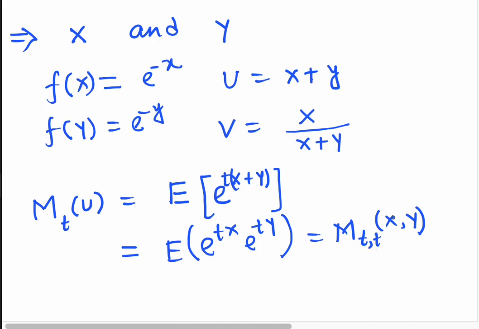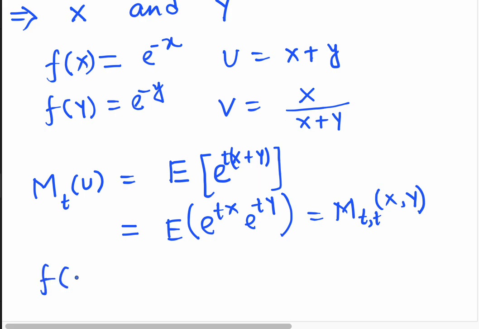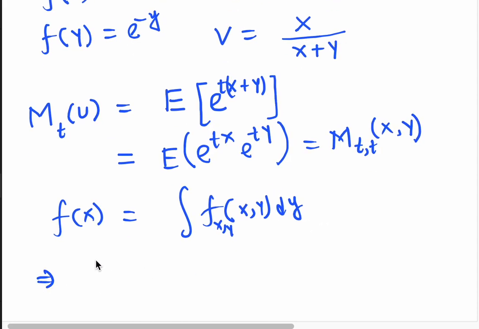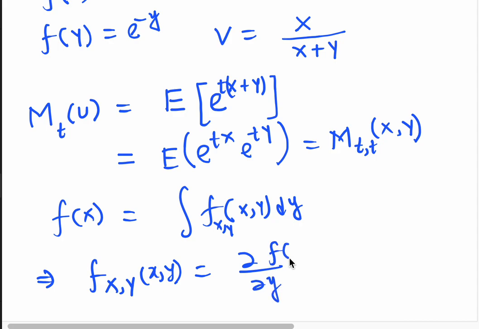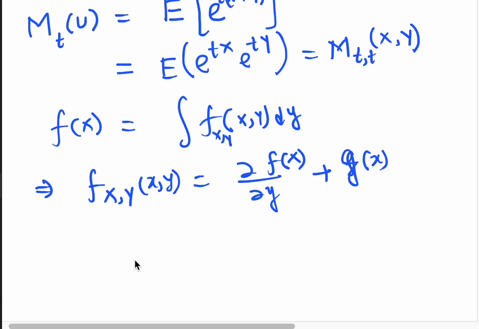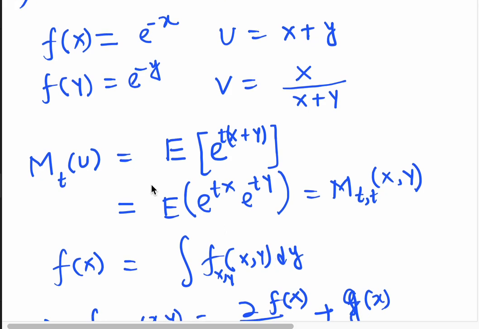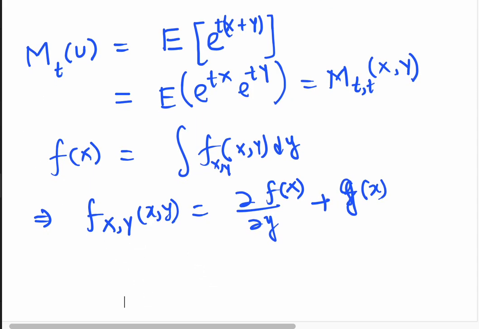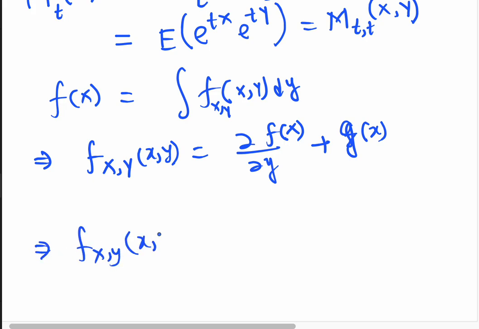So we have to calculate what is the probability of M(x,y). We know that f(x) is, if f(x,y) is the partial derivative with respect to y of f(x) plus some constant g(x), it's some constant, so that means f(x) should be this, and again this is also true.